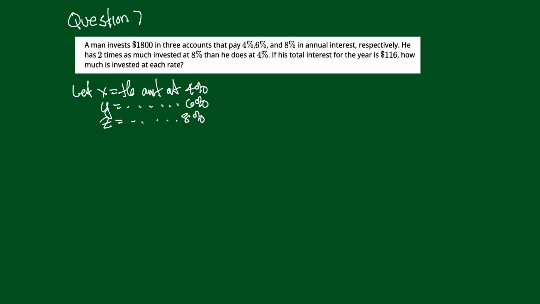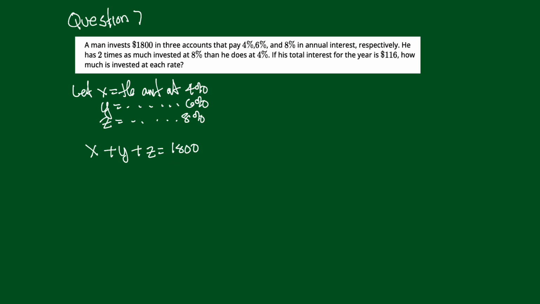Now I know this. If I add those 3 amounts together, x plus y plus z, this is equal to 1,800, right? That's our total investment. This is the amount we put in at 4, the amount we put in at 6, the amount we put in at 8, and altogether that amount is 1,800.